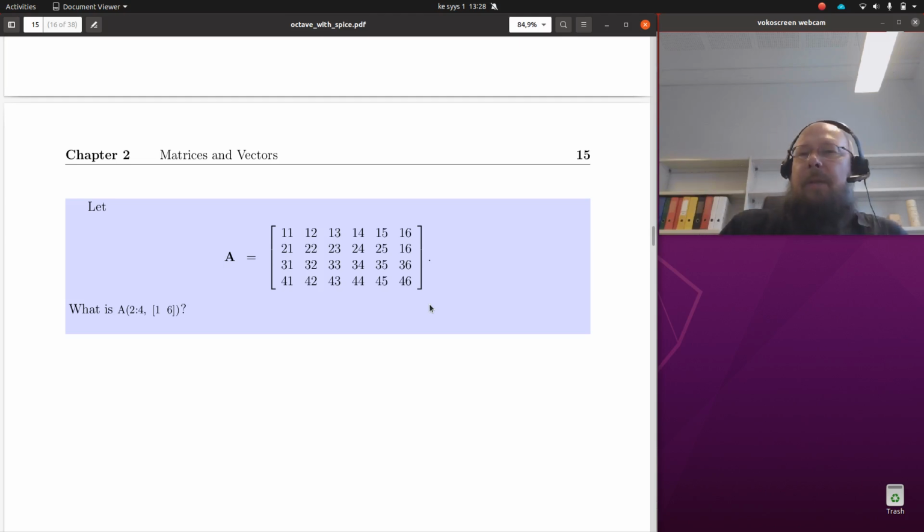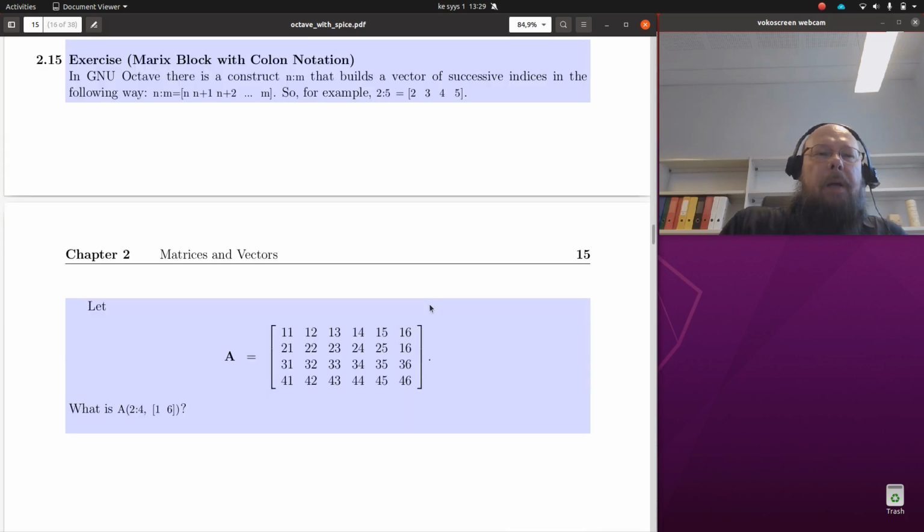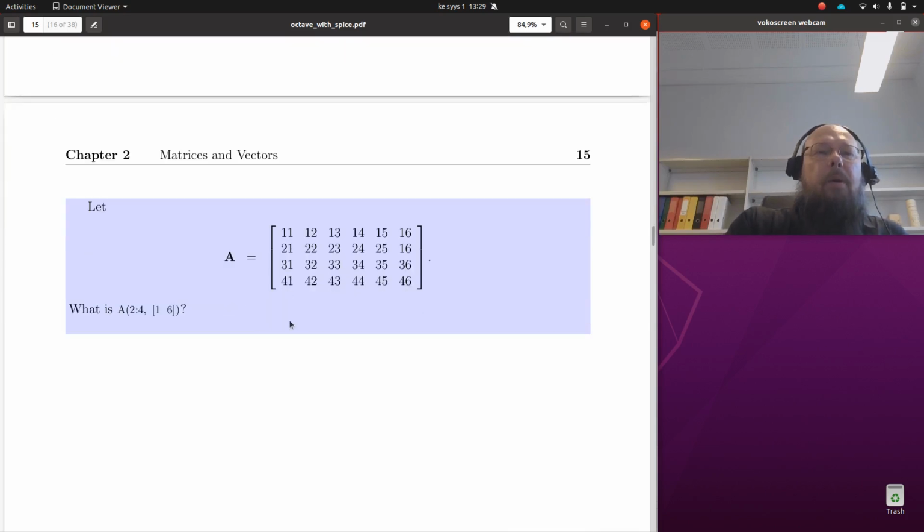The numbers are just something there, it's not so important what they are. My question for you is, what is A(2:4,1:6)? Again, I think it's a relatively straightforward exercise, but it's good that you do it at least once to see what happens.